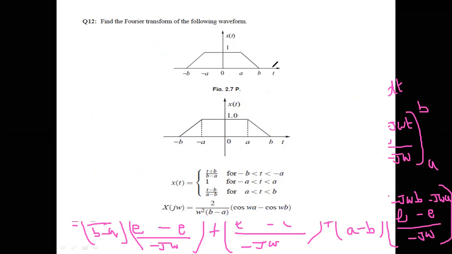Now you take this. Further you go for the simplification.